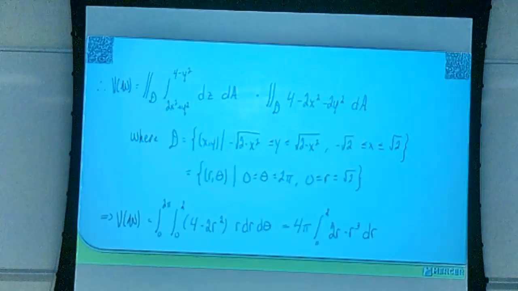Not 2, sorry, root 2. The radius is root 2, not 2.